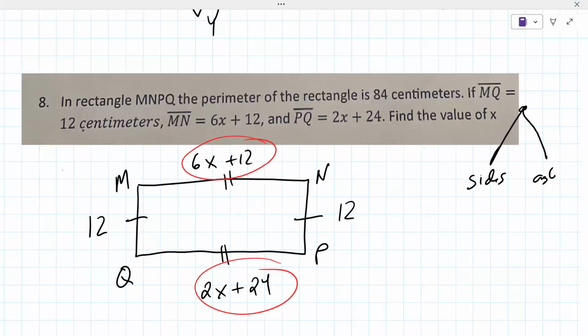So go ahead and set those equal and let me know what you come up with. Okay. So you need to subtract 2x from 6x, not add.